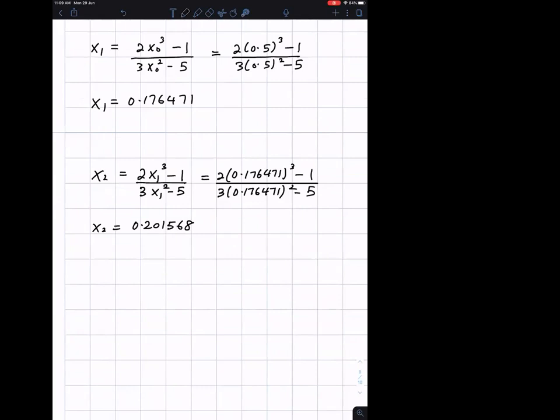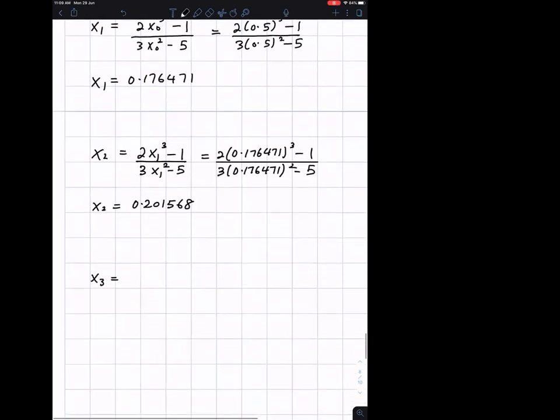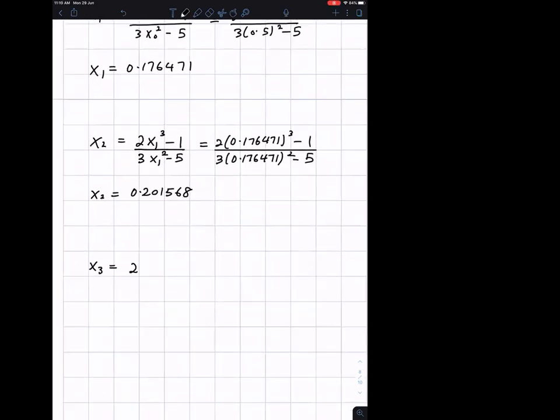So any questions so far? This is your x1, and still there's no sign of convergence. This is 0.16471. This is 0.201568. And then you keep on going until there's no change. So x3, using the same formula, but with x2 plugged in.